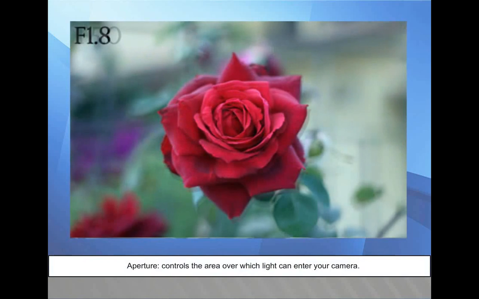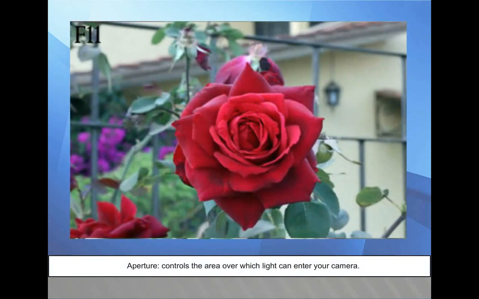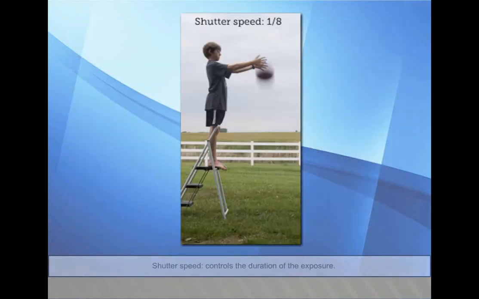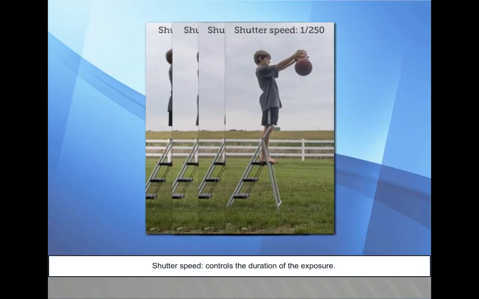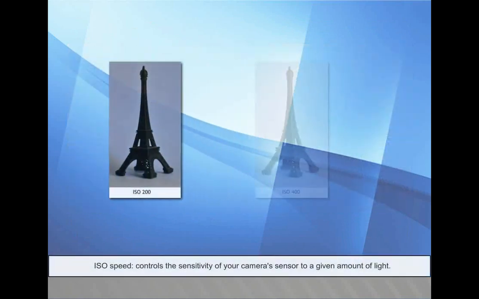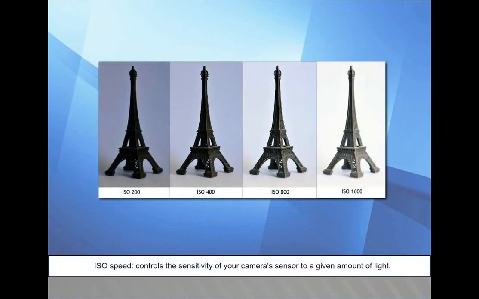Aperture controls the area over which light can enter your camera. Shutter speed controls the duration of the exposure. ISO speed controls the sensitivity of your camera's sensor to a given amount of light.